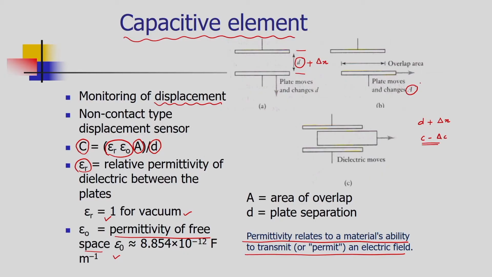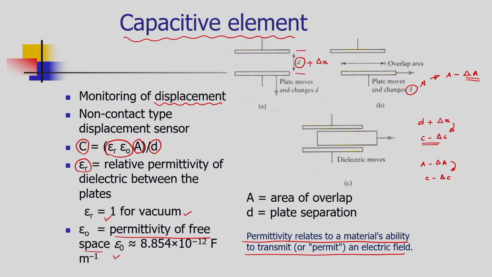So, if we are increasing the overlap area or decreasing the overlap area, that is also affecting the capacitance. So, here you can see the area in this case is reduced. Here I am reducing the area by an amount delta A, A minus delta A, which will also reduce the capacitance.